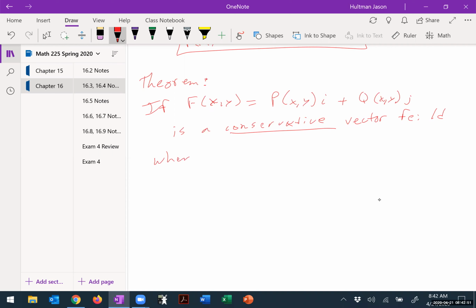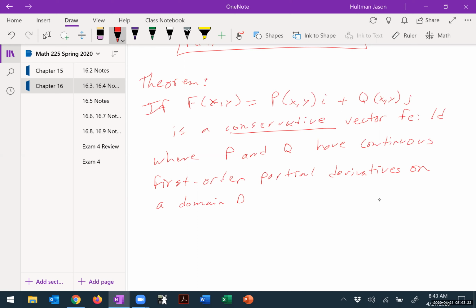where P and Q have continuous first order partial derivatives on a domain D, then throughout D we have the partial of P with respect to y is equal to the partial of Q with respect to x.